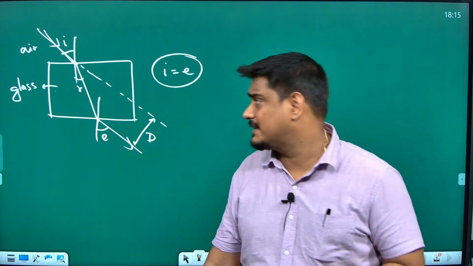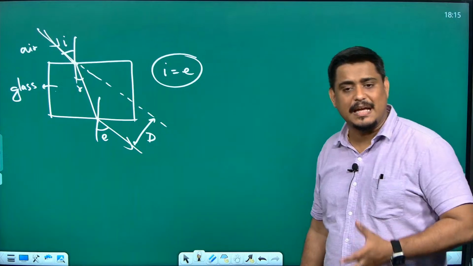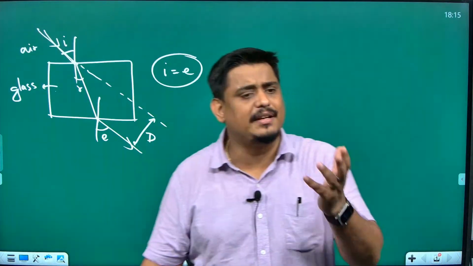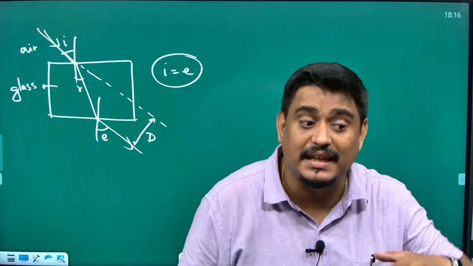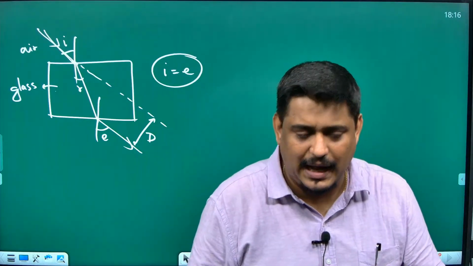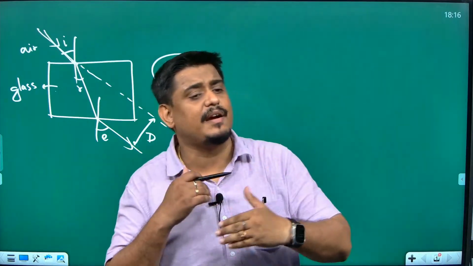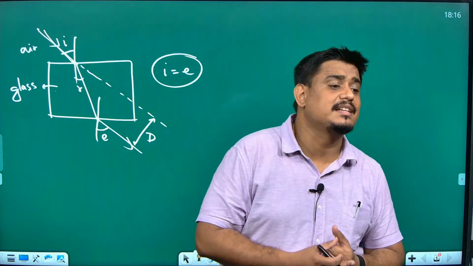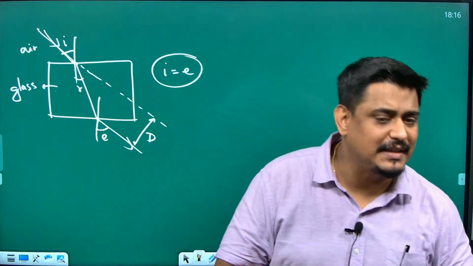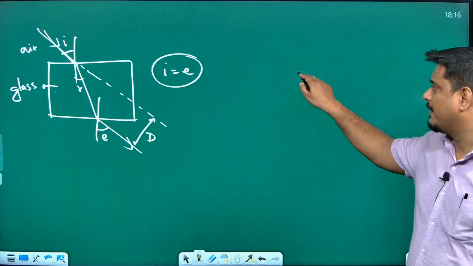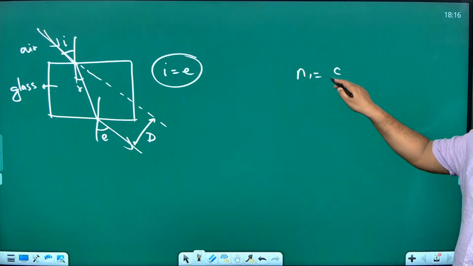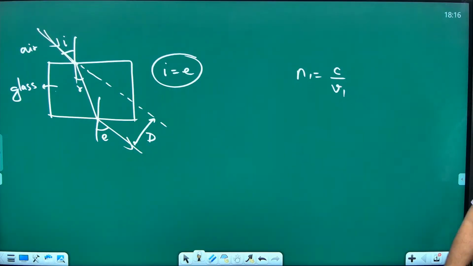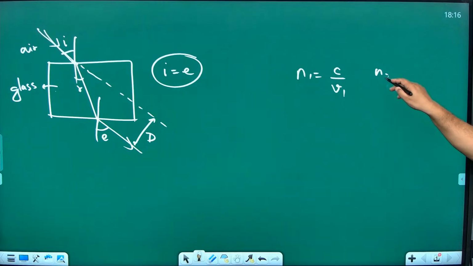And refractive index is of two types. One is absolute refractive index. Absolute refractive index means you are comparing the refractive index of the medium with vacuum or air. And if you are comparing the refractive index of two different mediums, it is called relative refractive index. For example, if I want to write the refractive index of one medium, it will become n1 = c/v1, isn't it? If I write the refractive index of the second medium, it will become n2 = c/v2.